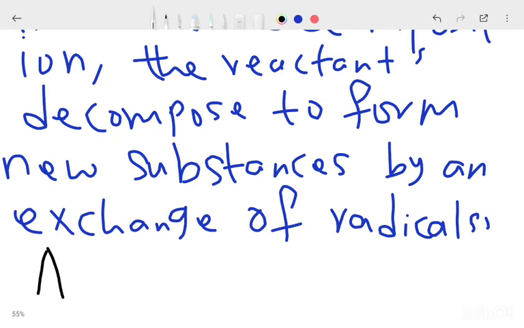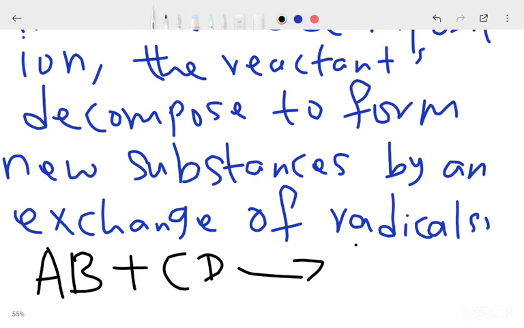Let's say we have AB reacting with CD to give AD plus what? CB.